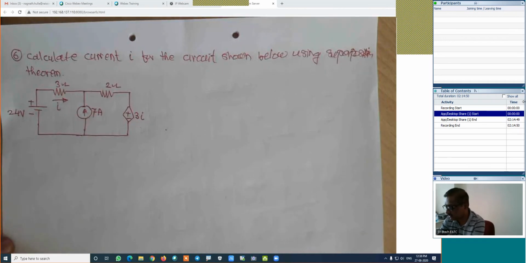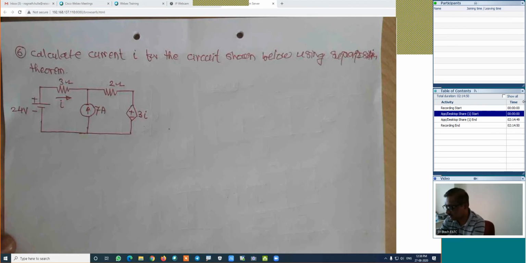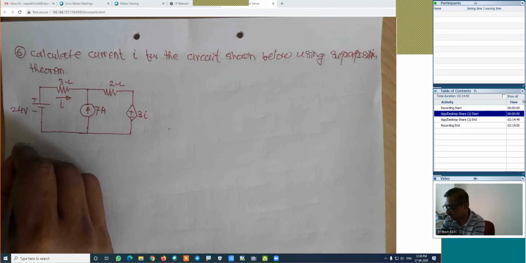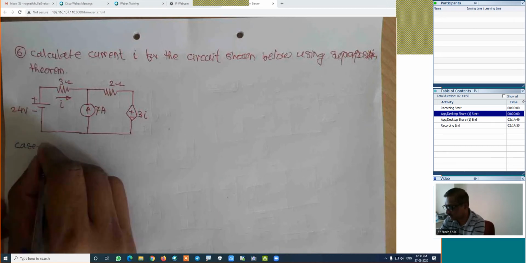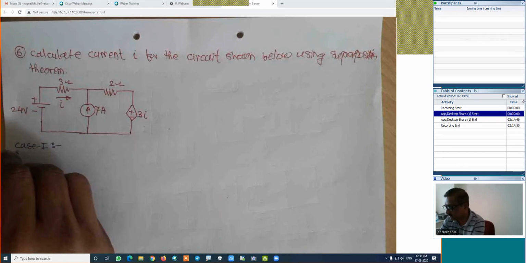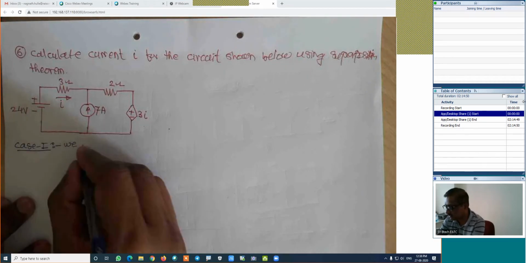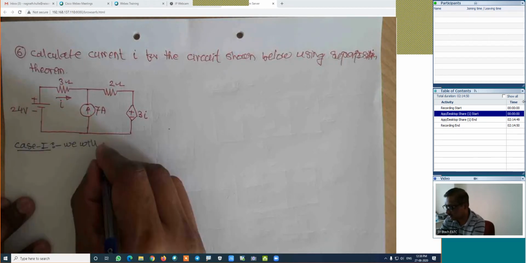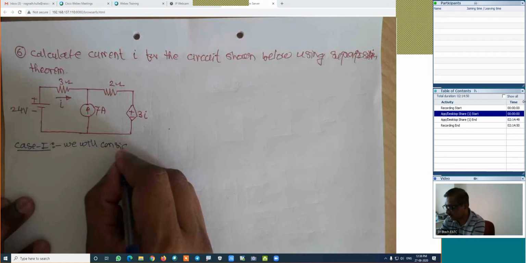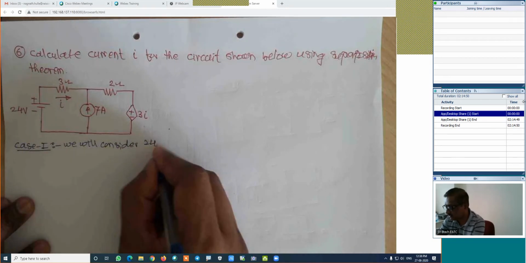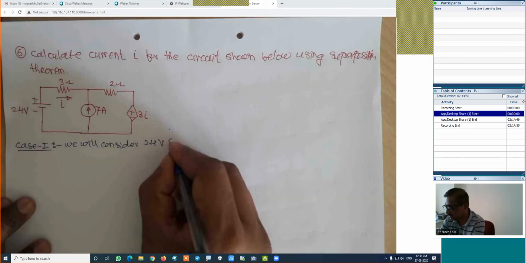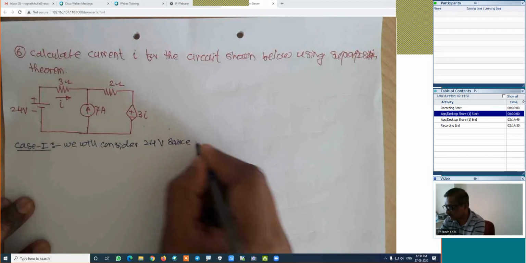Here, I will start the discussion. Focus properly. Case 1. How is the case 1? We will consider a 24-volt source. Just right.